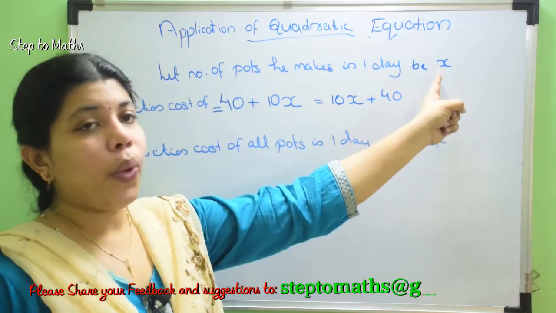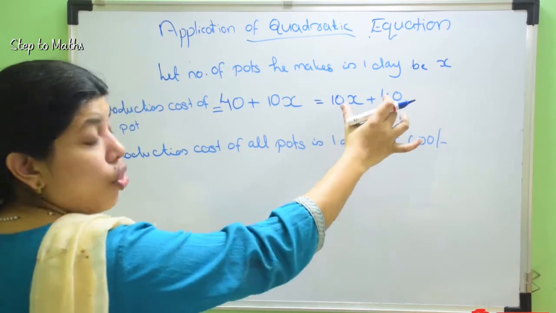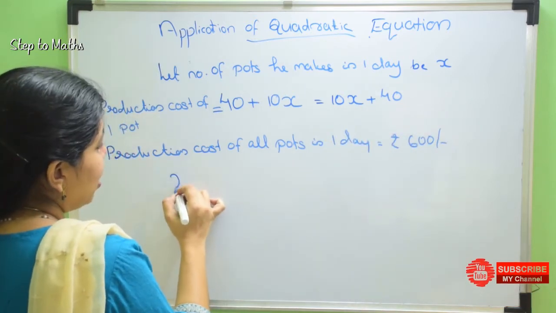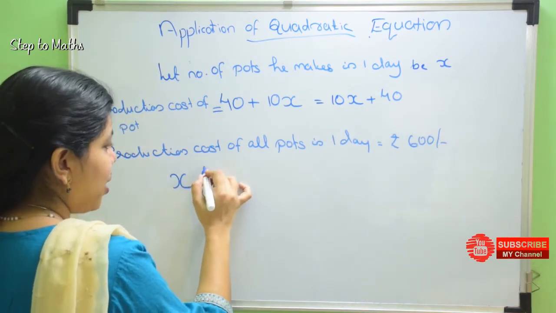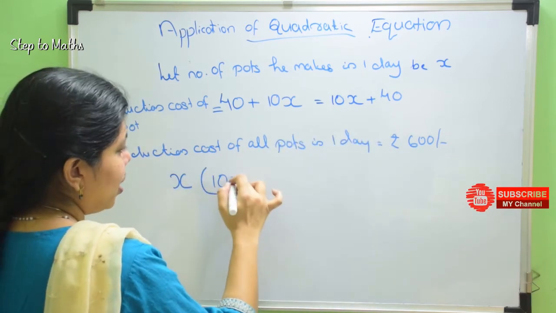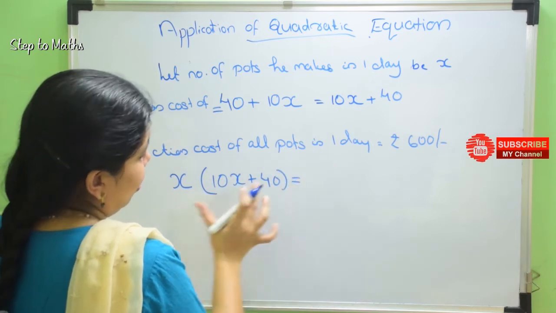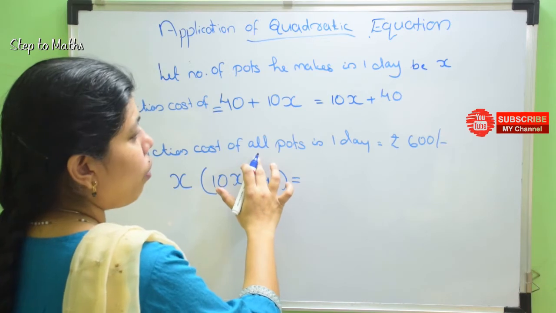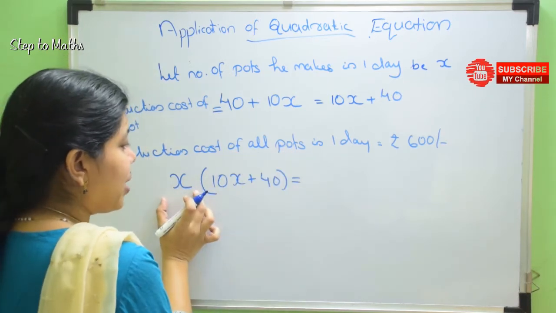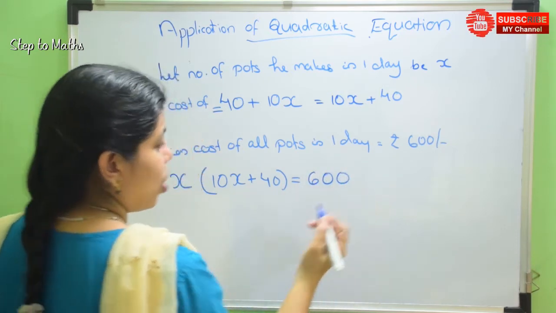So, in one day he makes x pots and production cost of one pot is 10x plus 40. So, we can represent that condition as x number of pots and production cost of each pot is 10x plus 40. The production cost of all pots, that means the production cost of x number of pots in one day, is rupees 600.